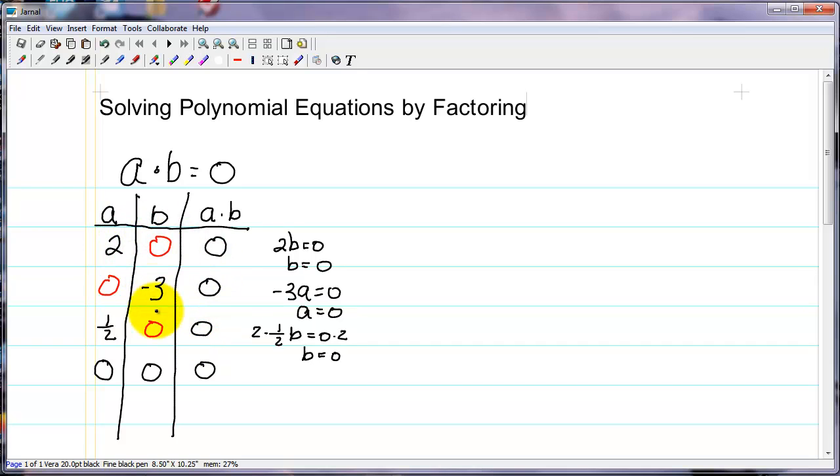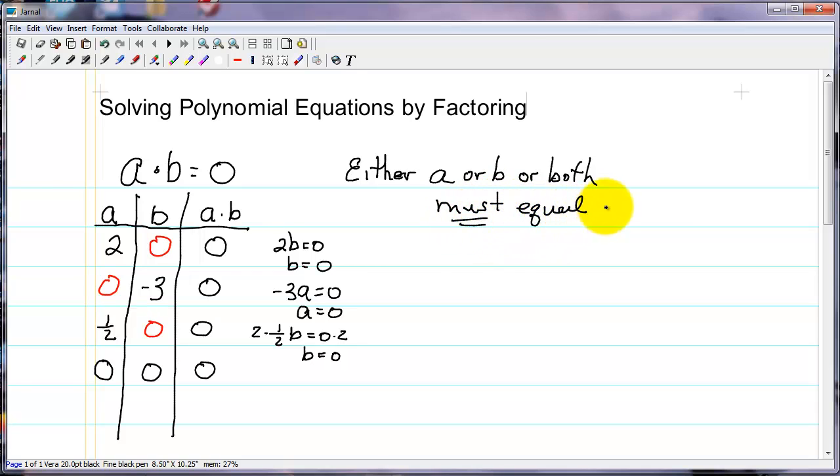So the thing that's common here is that for this equation to be true, either a or b or both must equal 0. Now this may seem obvious to you, but it's one of the most important properties that we have in algebra.